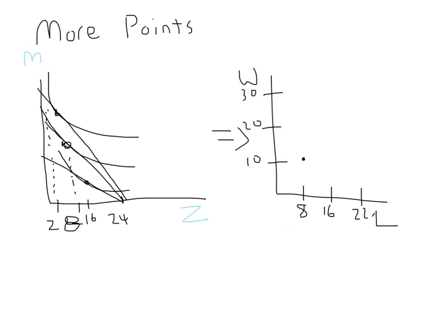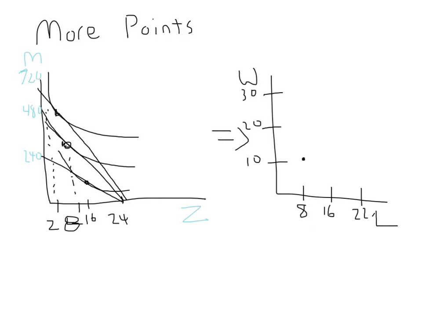But as the wage gets higher, we get more and more money that we get from working, and notice the price ratio, the slope, becomes steeper. So if our wage is 10, we can consume $240 if we spend all day working. If the wage is 20, we get $480 if we spend all day working. And if the wage is 30, then we get $720.